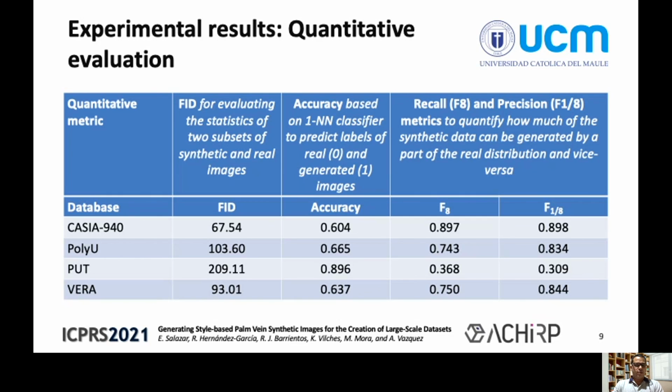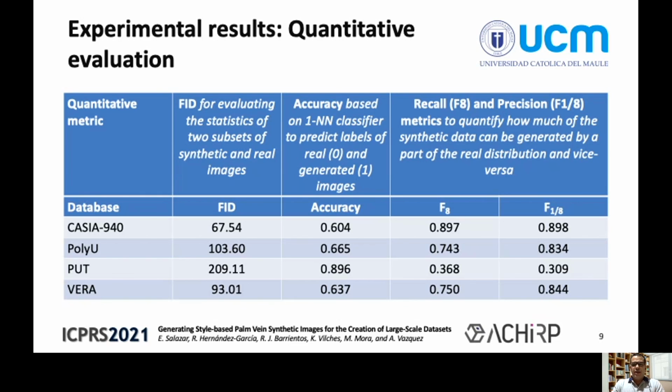The table summarizes the results of the quantitative measuring between real and generated images. And again, for the quantitative metrics, the PUT dataset shows results that evidence its dissimilarity from the generated dataset.